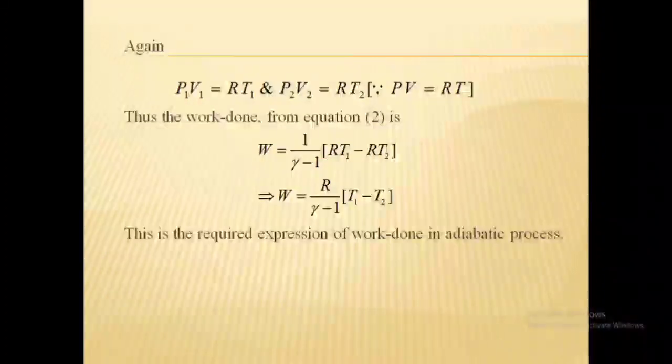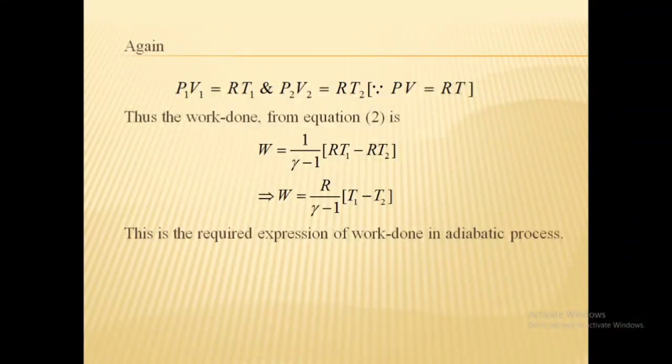In case of P1 V1 we put RT1, and in case of P2 V2 we put RT2. In the next line we can write work done W equal to R by gamma minus 1 into T1 minus T2. This is the required expression of work done in an adiabatic process.